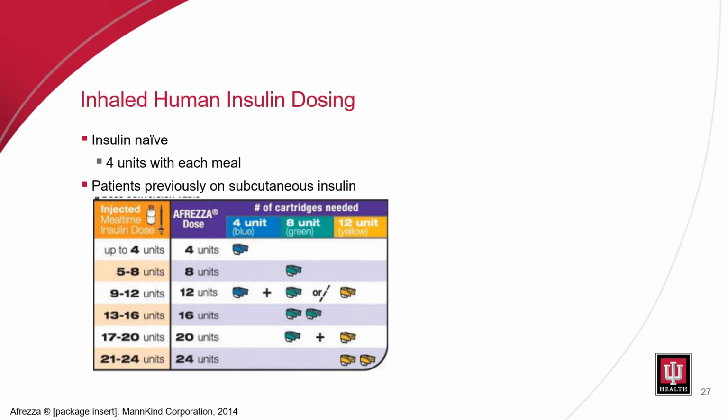So just to reiterate, the blue cartridge contains 4 units, the green cartridge contains 8 units, and the yellow cartridge contains 12 units. And the patient, depending on their doses, may need to give themselves 1 or 2 cartridges in order to appropriately treat their blood glucose values.